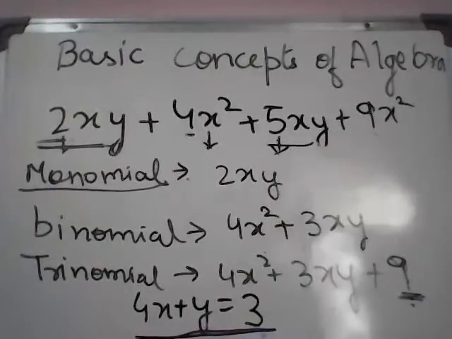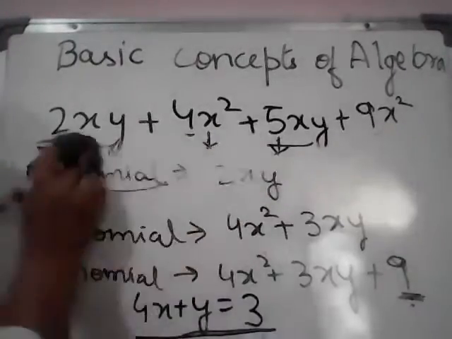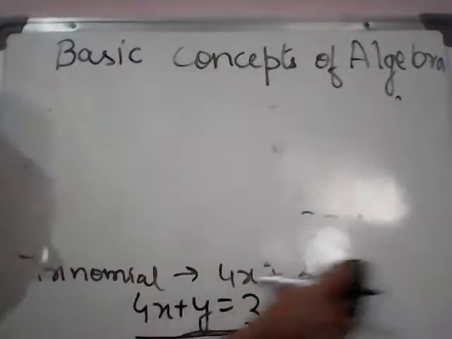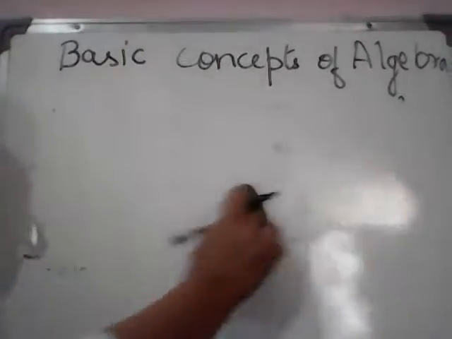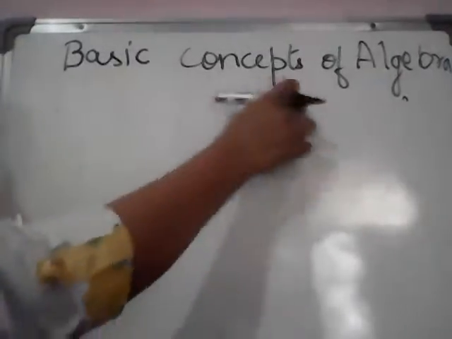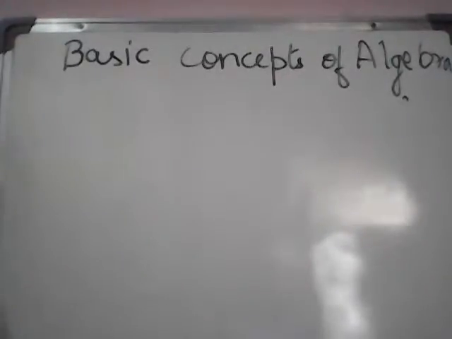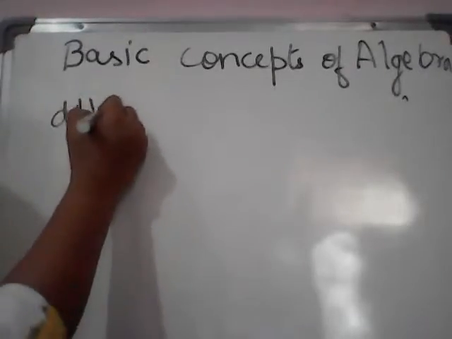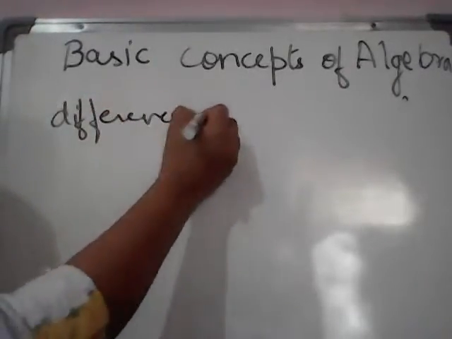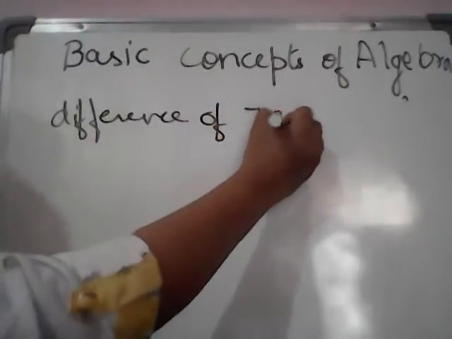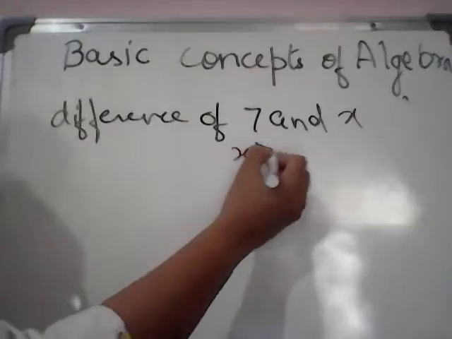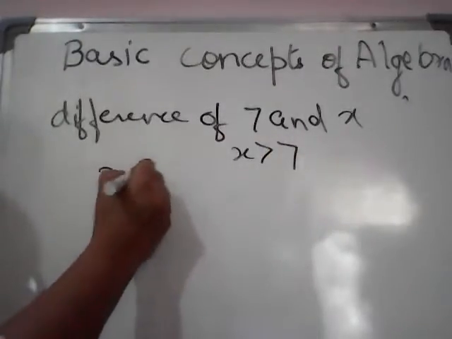What will be the difference of 7 and x? If x is greater than 7, we will have x minus 7.